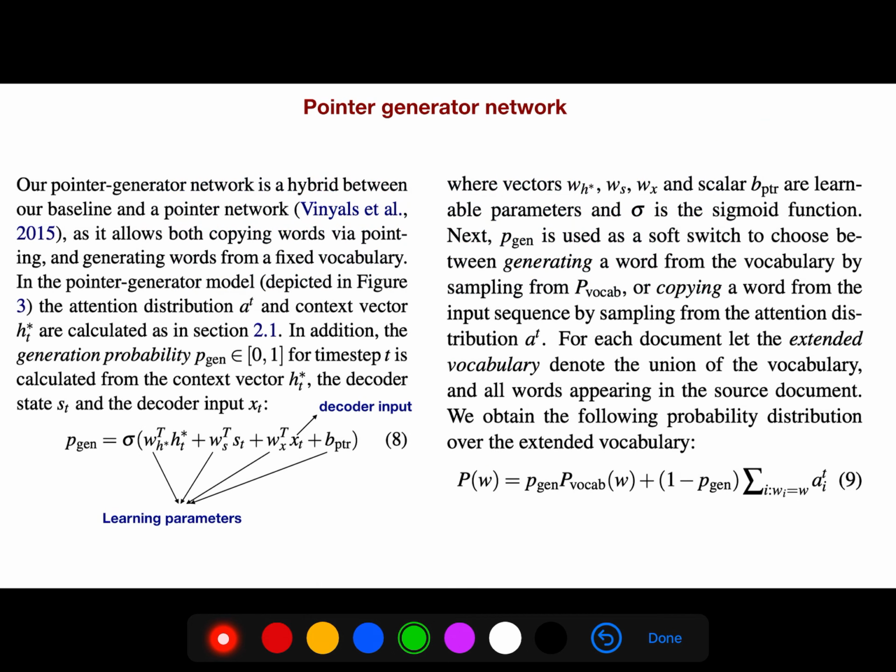So in pointer generator networks, the probability of this generation depends on some factors. You can imagine that it could be a decoder input, X. It could be decoder output. These are learning parameters. This one and this one are learning parameters.